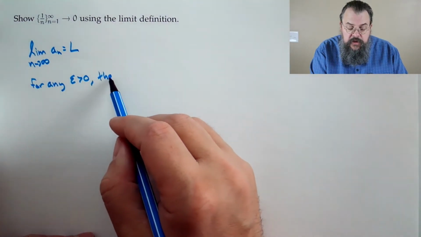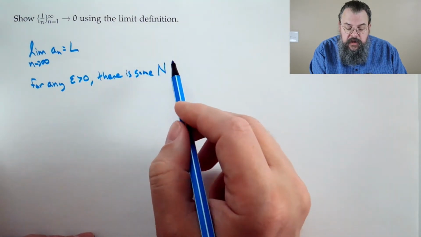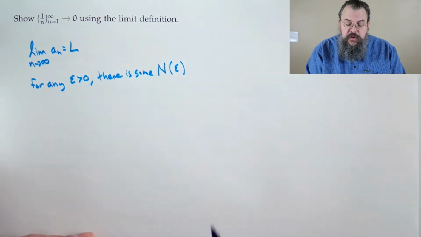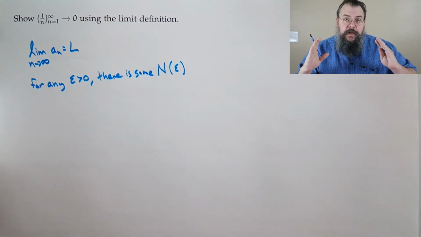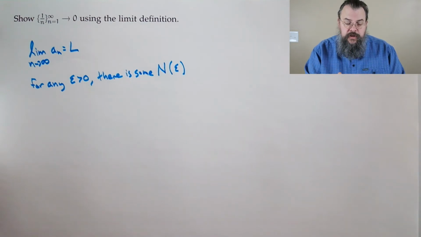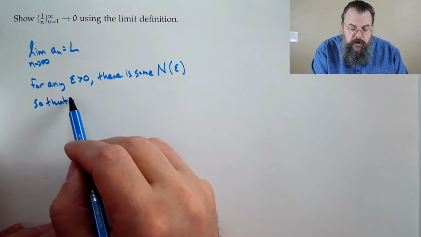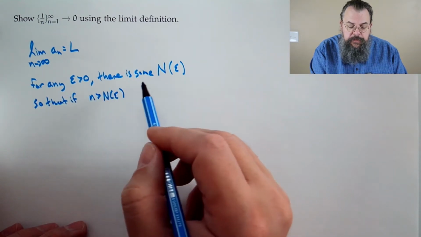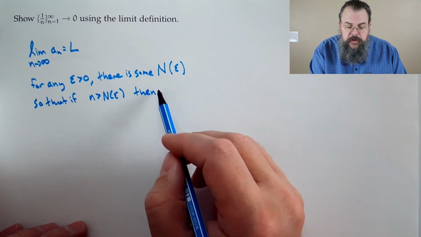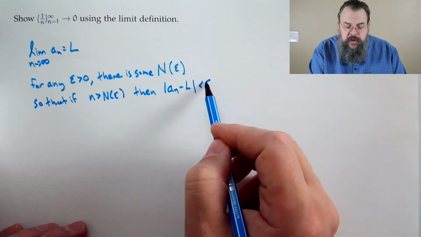There is some capital N, which depends on epsilon. In other words, how close I want to get will force how large I have to look. So that if n is greater than N of epsilon, then the difference between a sub n and L is less than epsilon.